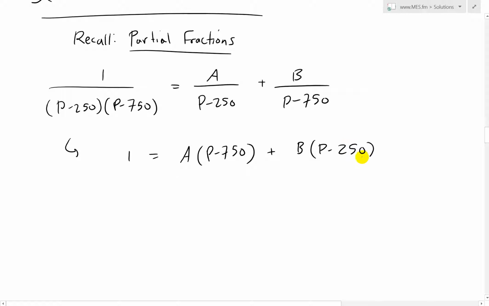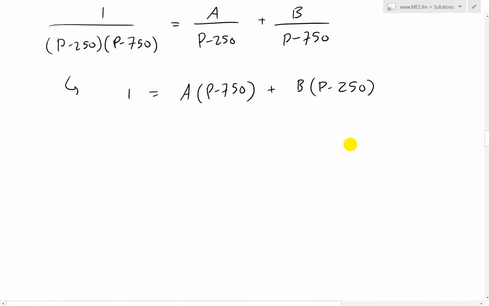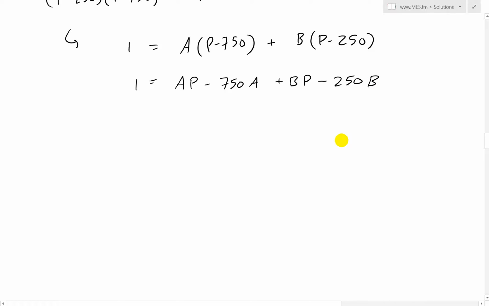Then just expand these out, so we get a p minus 750a plus b p minus 250b. Now what I'll do is factor out the p's, so we get a plus b, and we take out the p.